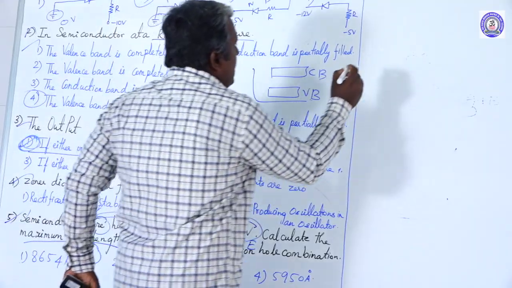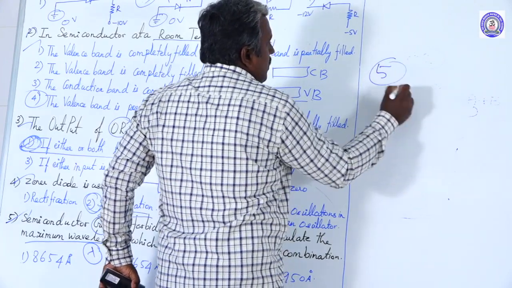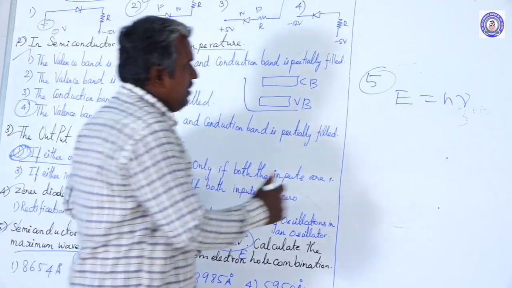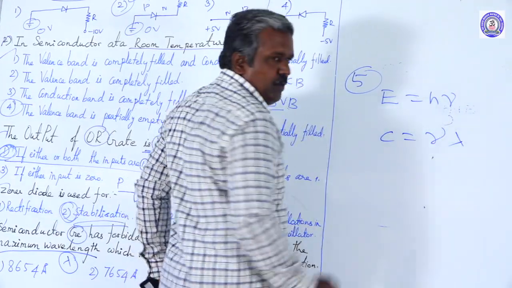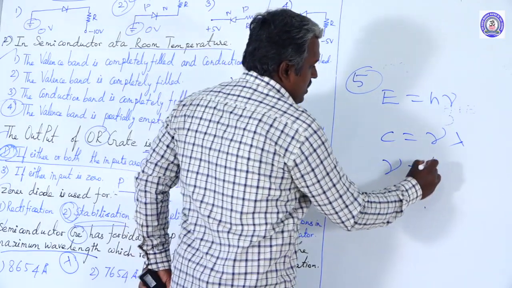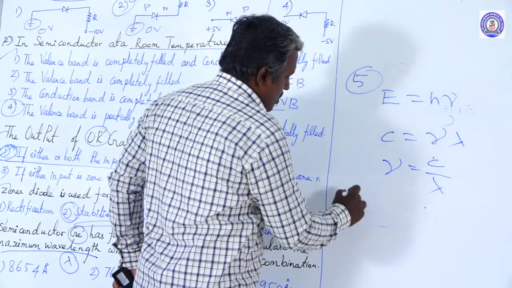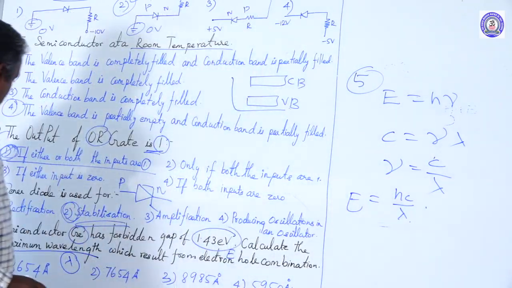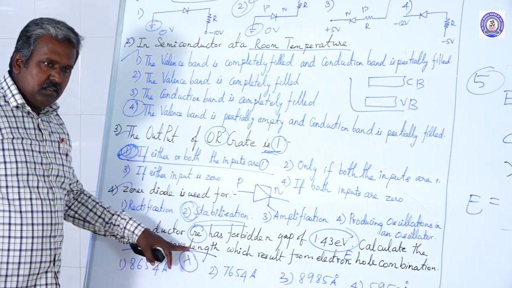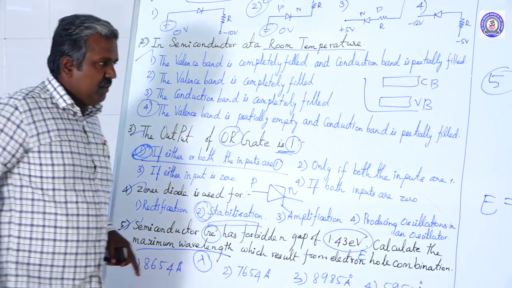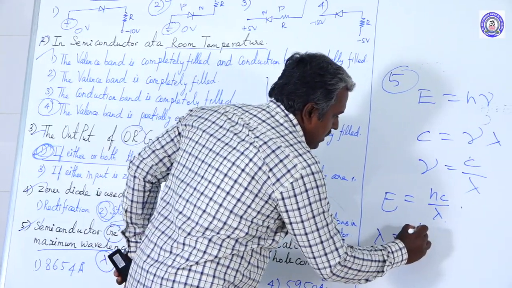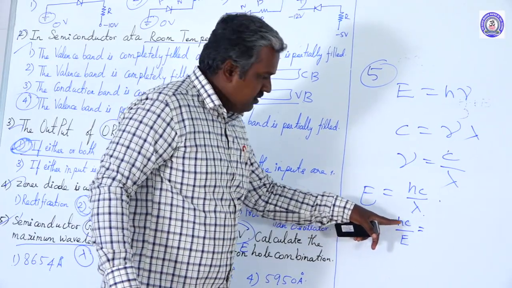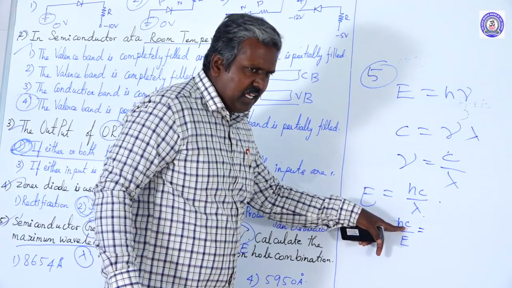So we have the famous formula: E is equal to h nu. Remember? At the same time, c is equal to nu lambda, nu is equal to c by lambda. So E is equal to hc by lambda. Here we want to calculate the maximum wavelength, that means we want to calculate lambda. So lambda is equal to hc by E. Planck's constant, velocity of light in vacuum.